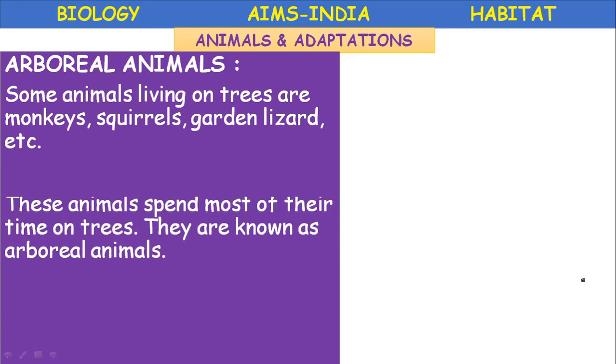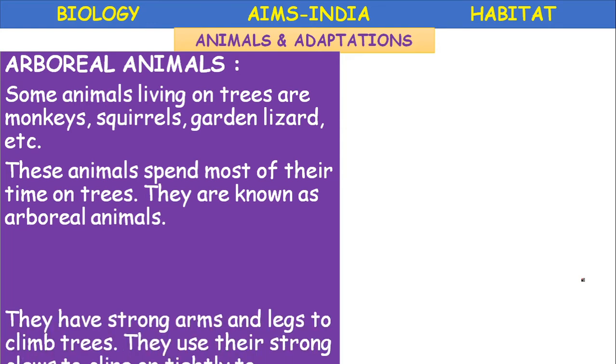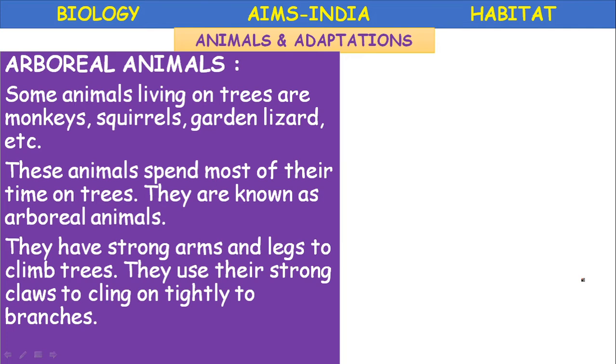Different animals are there which live on trees. These animals spend most of their time on trees, and they are known as arboreal animals. They have strong arms and legs to climb trees. They use their strong claws to cling tightly to branches.